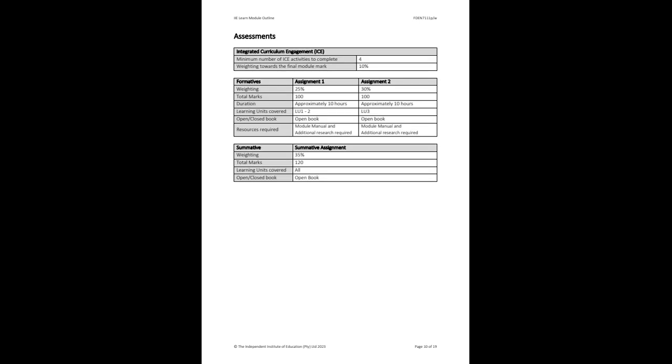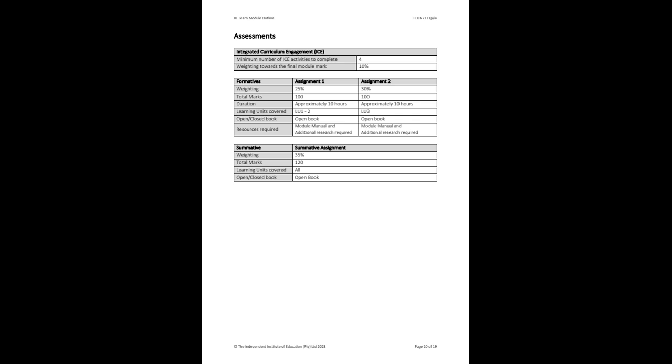Then next, we have the module purposes, what you will be able to do at the end of this module. And here we have a breakdown of your assessments. So the first assessment is your integrated curriculum engagement, also known as your US tasks. So there will be 6 US tasks available to you.